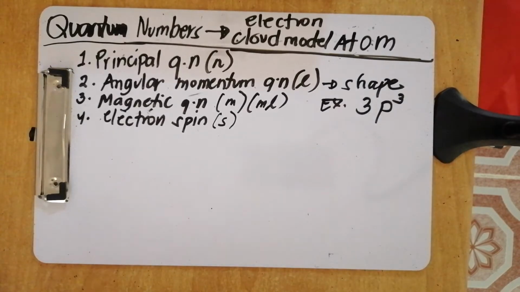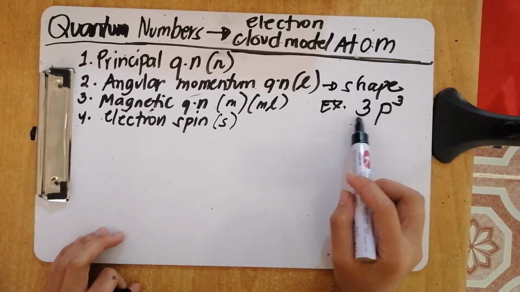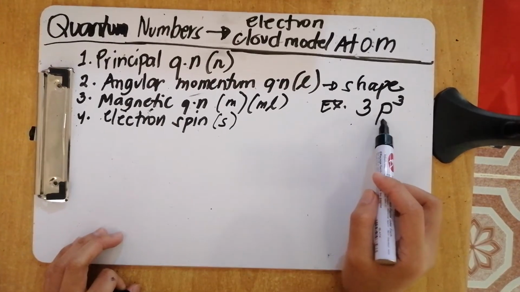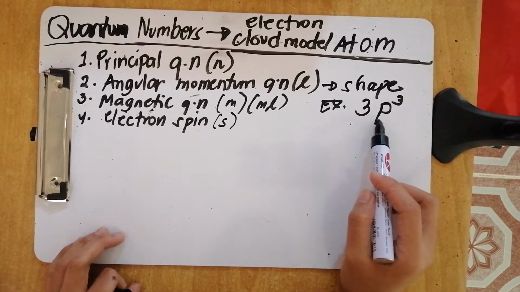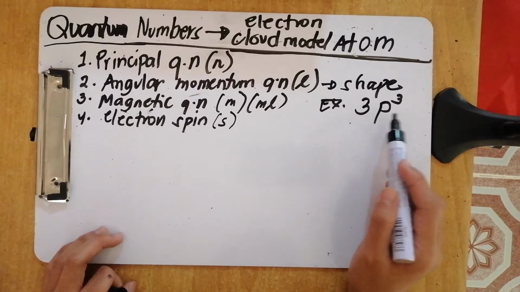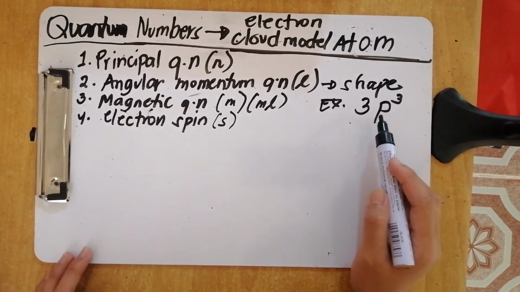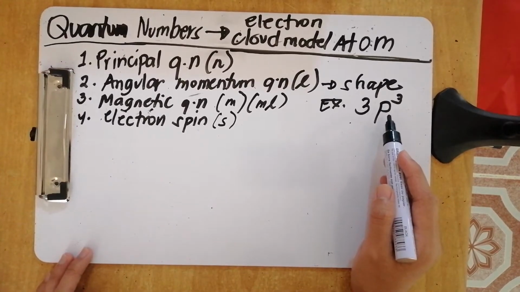Okay, 3p3. Now, this is the n, or principal quantum number. This is the subshell, or the angular. There is also an orientation, and then there's also the electron spin. Now, how does this 3p3 look like?